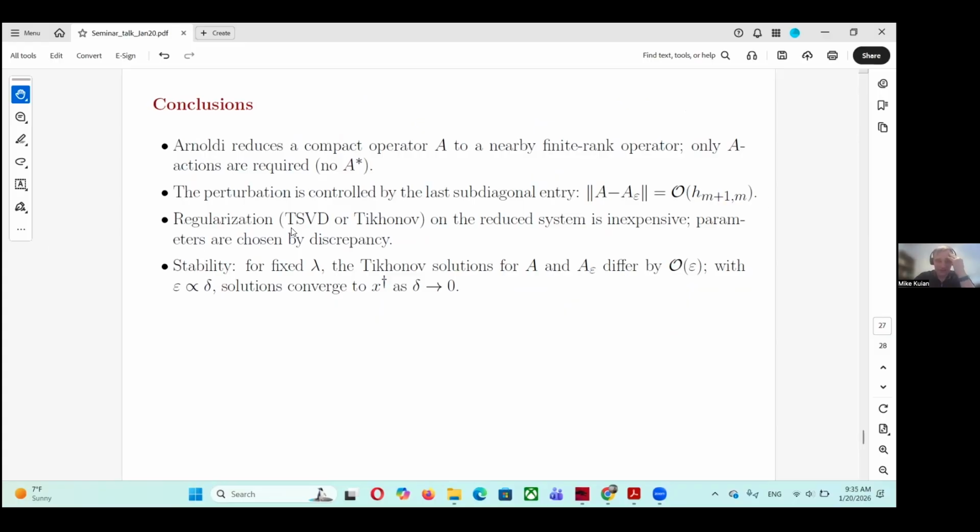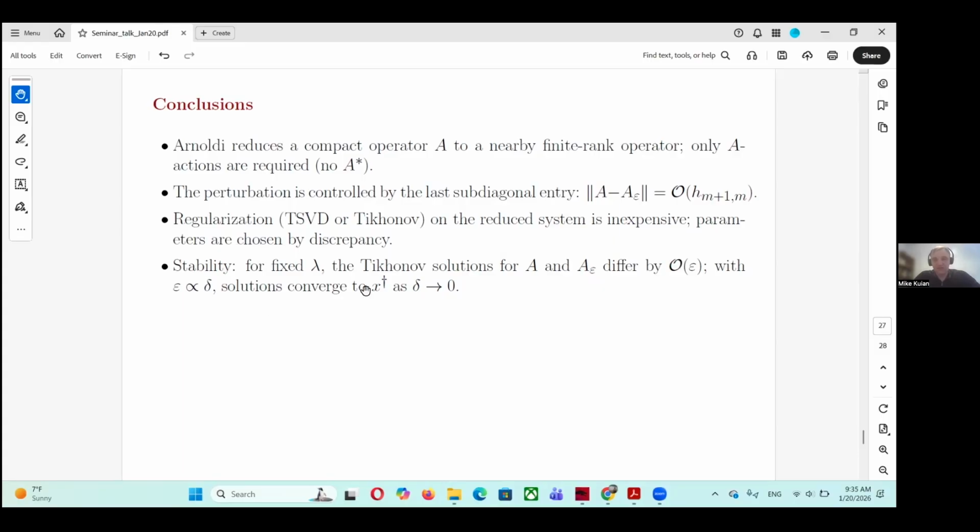We can apply truncated SVD or Tikhonov on the reduced system. For Tikhonov, we select the regularization parameter lambda from the discrepancy principle. For fixed lambda, the Tikhonov solutions for A and A epsilon differ by order epsilon.